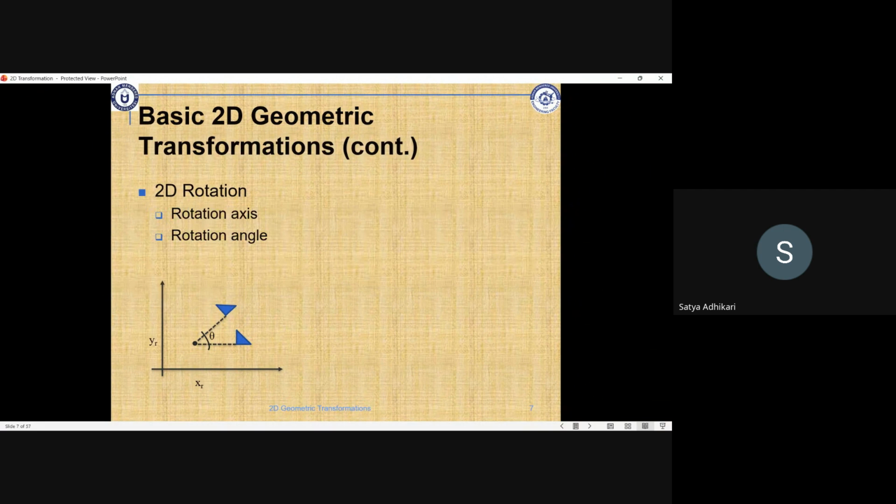So we need two things: one is the rotation axis, another is the rotation angle. And another is the rotation point, the point about which you want to rotate, which is called the pivot point.